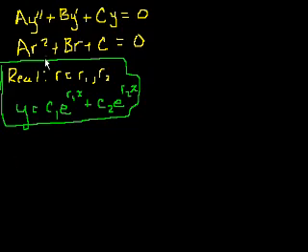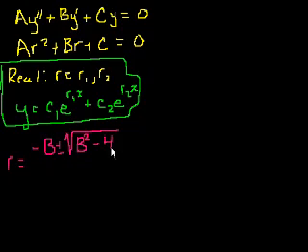And I would say, well, the roots of my characteristic equation are negative b plus or minus the square root of b squared minus 4ac, all of that over 2a, right?